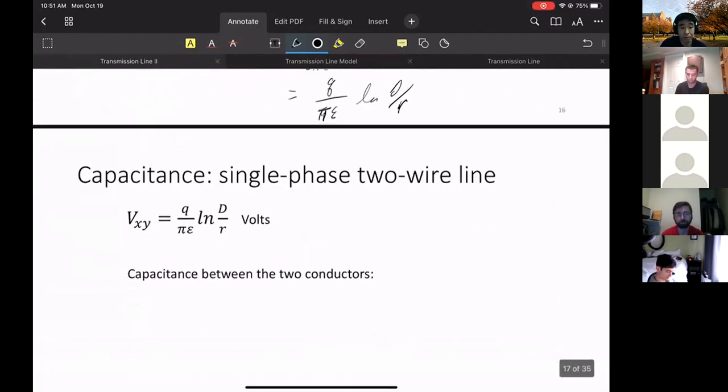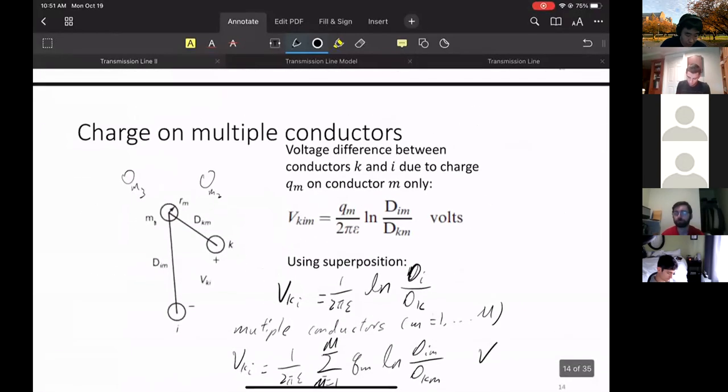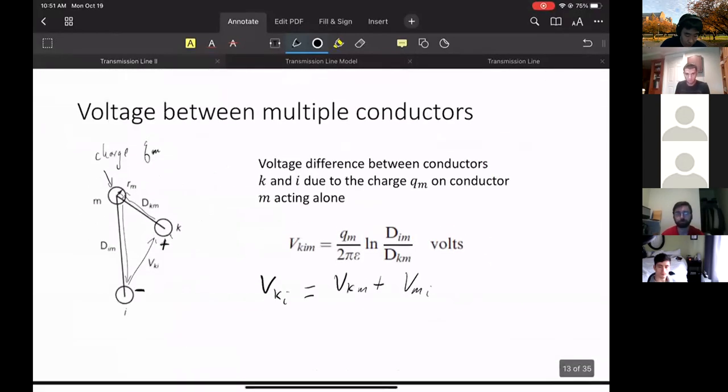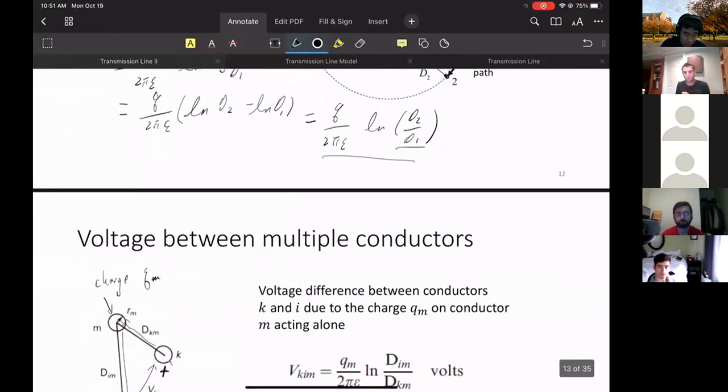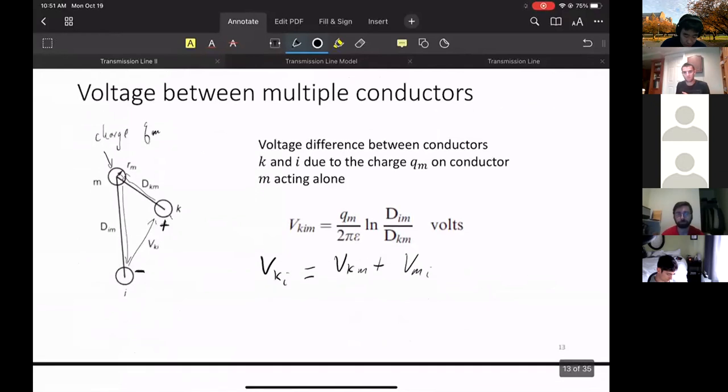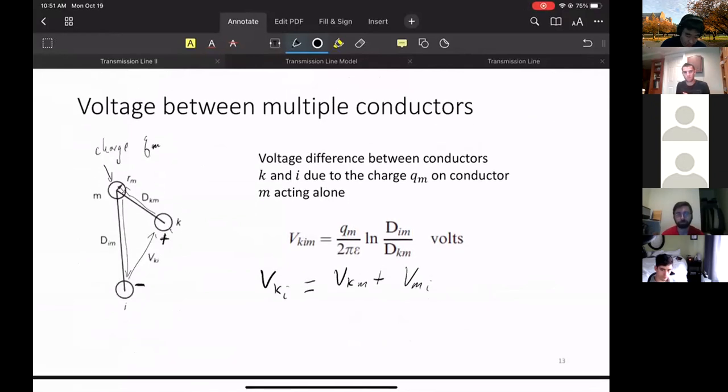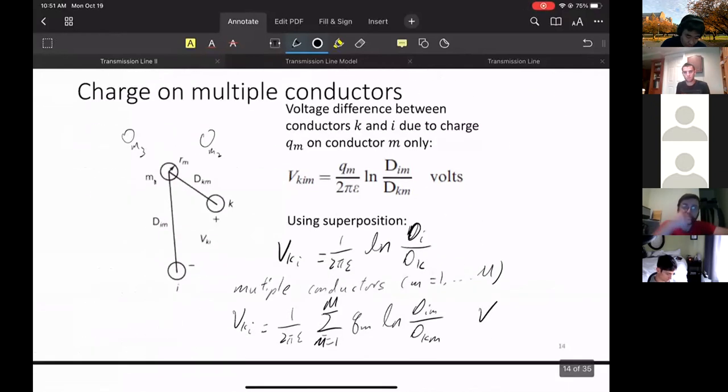And then how do I get from voltage to capacitance? I have a question. Go ahead. Can you go three slides back? This one? No, two forward now, to the next one. Slide 14? Okay, yes.